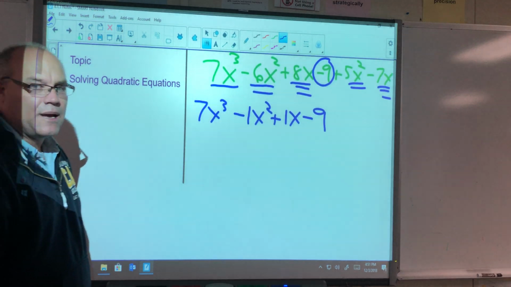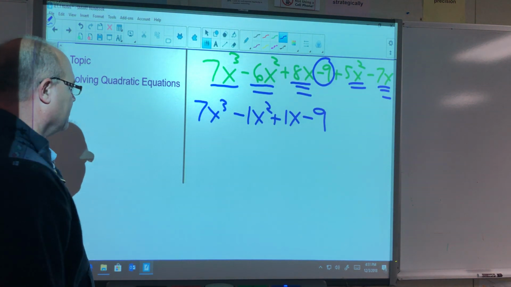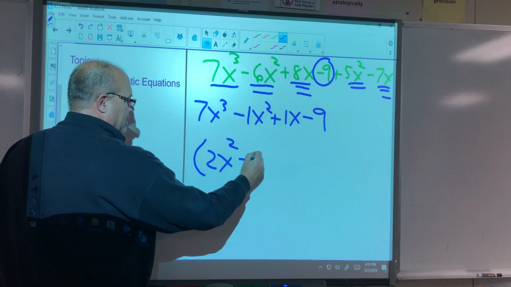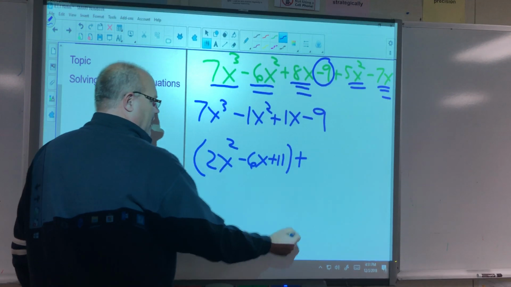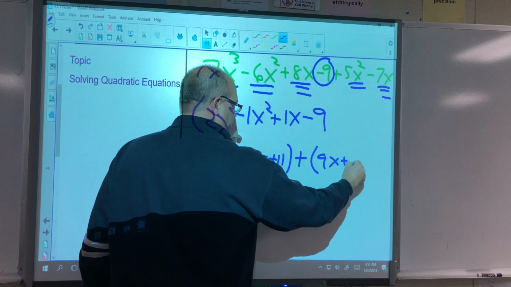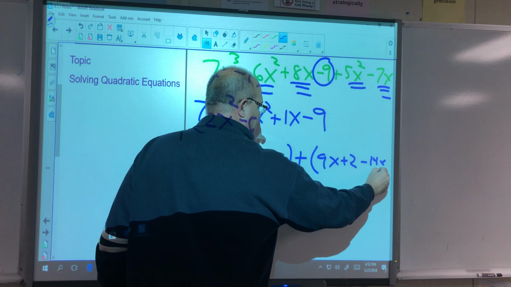Now, you'll get a lot of examples on the test where they'll have it grouped in parentheses. So you have something like this, 2x squared minus 6x plus 11. They'll have a plus sign here, and maybe they go 9x plus 2 minus 14x squared.